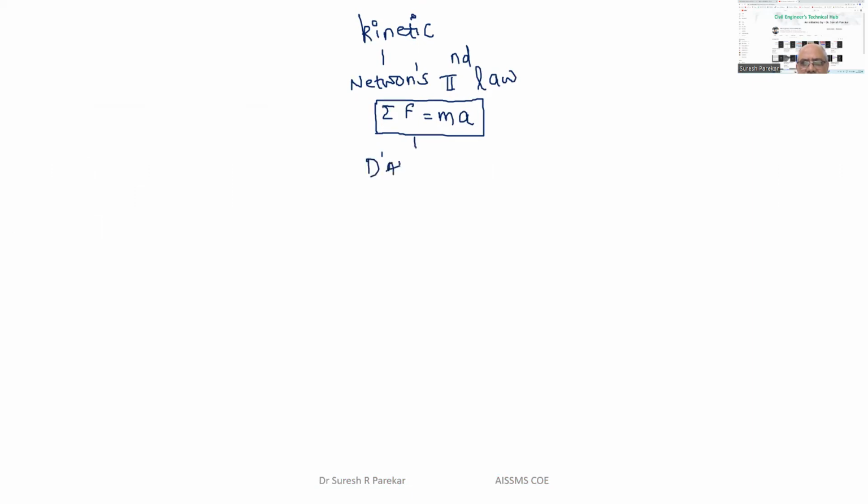D'Alembert modified this a little bit: he took m into a to the left side and wrote the equation summation F plus minus ma is equal to 0. He says this is the equation of dynamic equilibrium, and minus ma, according to him, is D'Alembert's force.